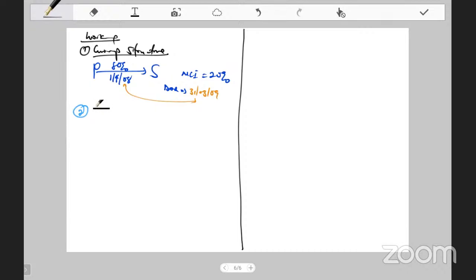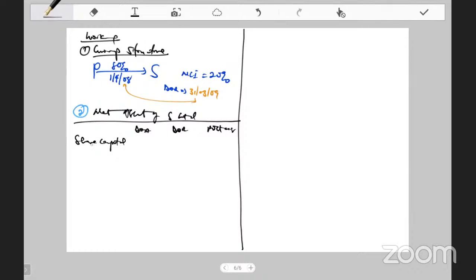Net asset of X Limited. And those days will be 3 days. I have the date of acquisition, date of reporting, and post acquisition. So from there, I have share capital. My share capital on the date of acquisition is what I'm going to have.